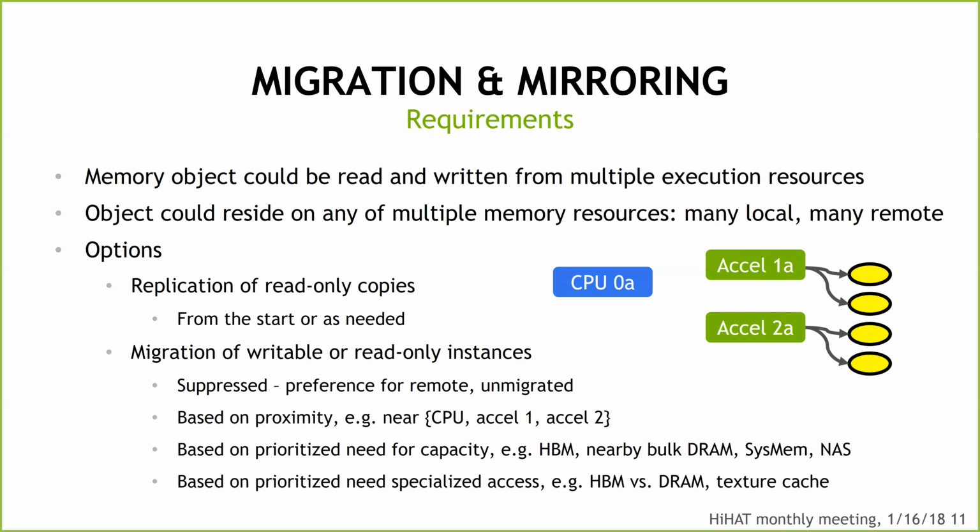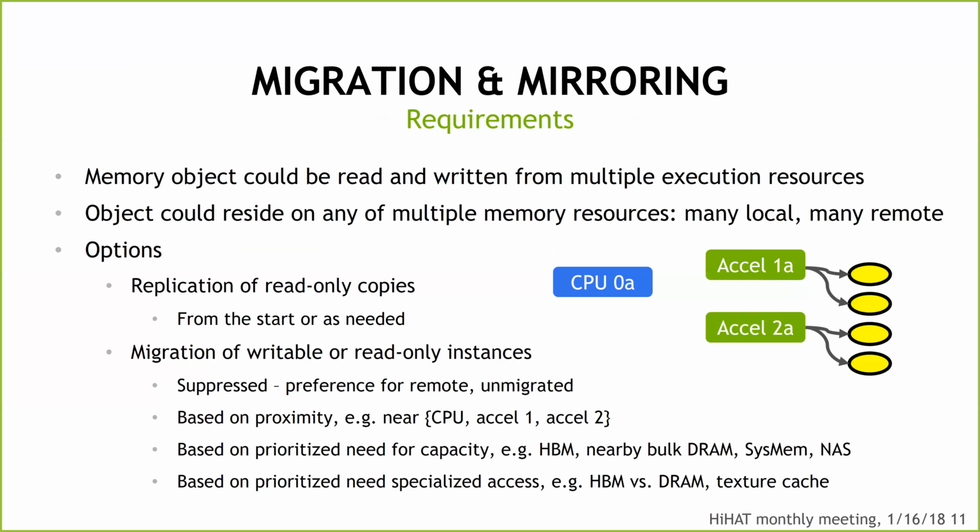You could replicate read-only copies. You could do that from the start, because I'm pretty sure I'm going to need them, or you could say only do it as needed. When it comes to migrating writable or read-only instances, you could basically suppress migration, because I have a preference. I occasionally am going to use this remotely, but almost all the time it's going to be staying in this one place. So don't be thrashing them around. Keep them where I told you to put them.